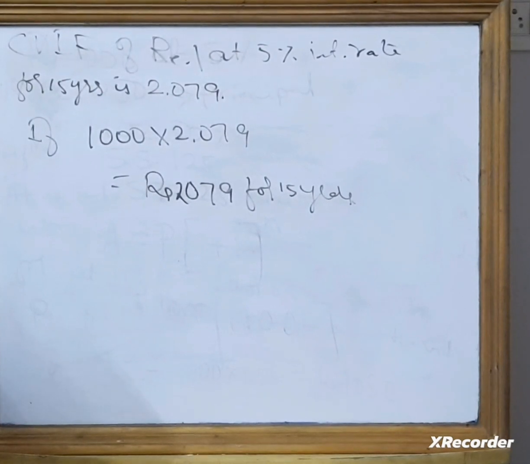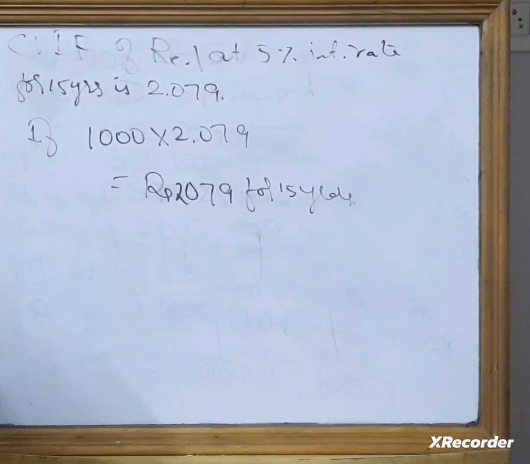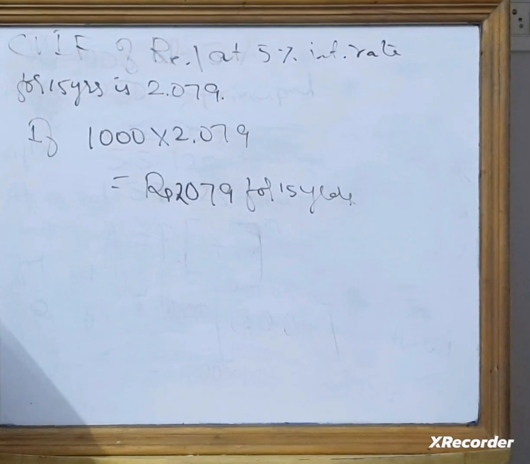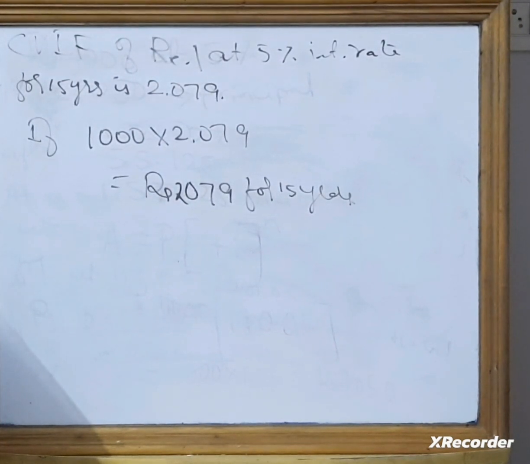So two important observations that could be made with the help of table for the sum of rupee 1 is that, first, as the interest rate increases for any given year, the compound interest factor will also increase. The higher the interest rate, the greater is the future sum of money. And the second observation is, for a given interest rate, the future sum of a rupee increases with the passage of time.